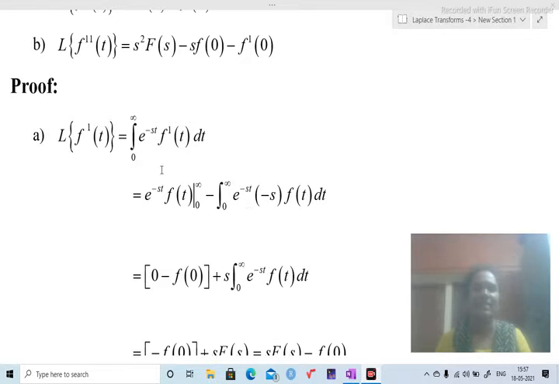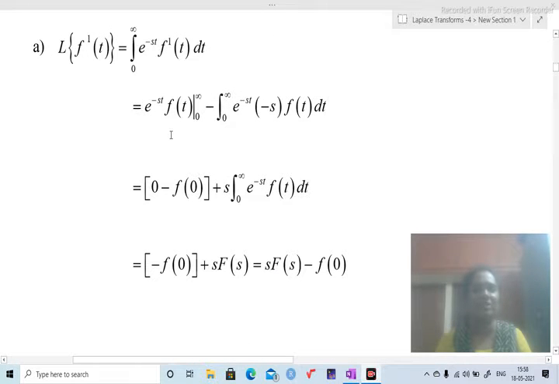That means here the first function is e power minus st, e power minus st differentiation is e power minus st, and the power differentiation is minus s. Again the same thing, integration of f dash of t is f of t dt. Now I am going to substitute the limits for this term.